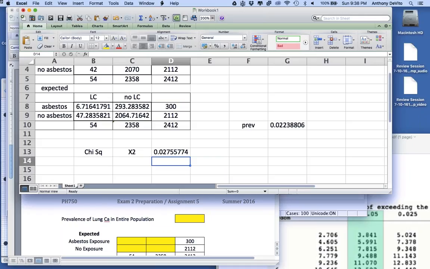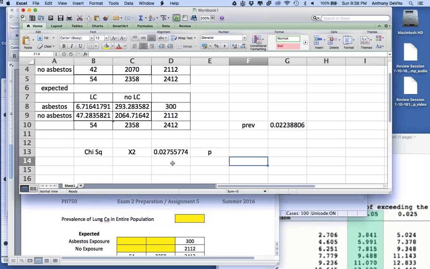So our chi-square comes out to be 0.02755. Now, that's not really our chi-square value. It actually jumps a step. That's our p-value, our probability of being wrong if we reject the null hypothesis.